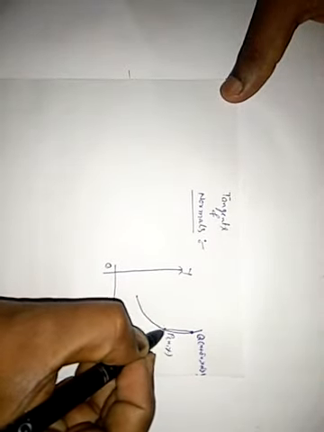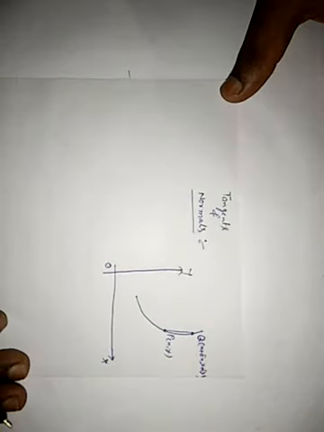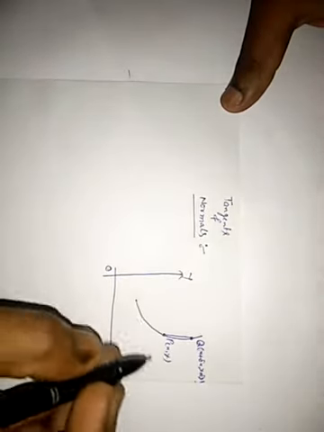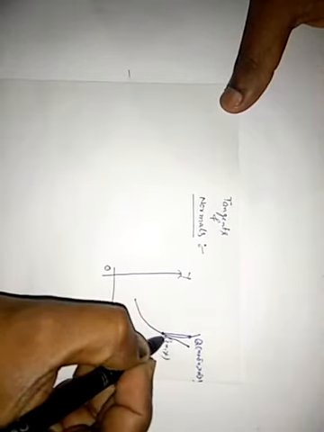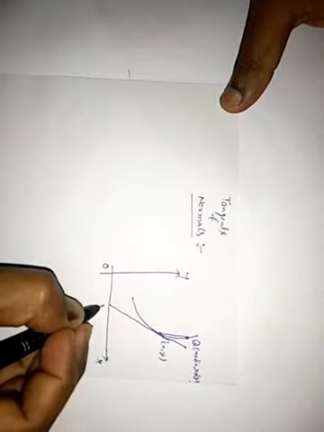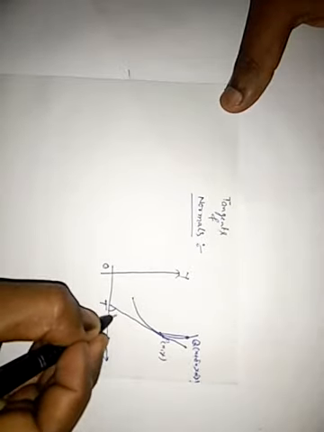This line PQ is a chord of the given curve, joining the points P and Q to each other. Let us draw a line PT such that it touches the point P, making angle psi.